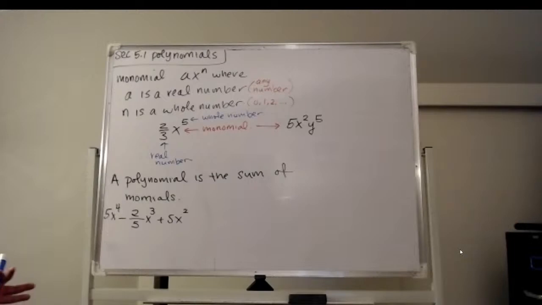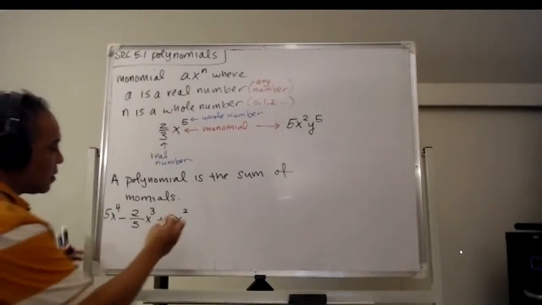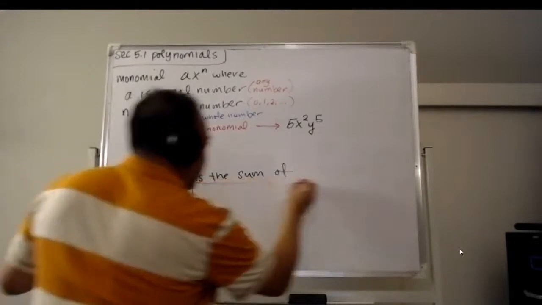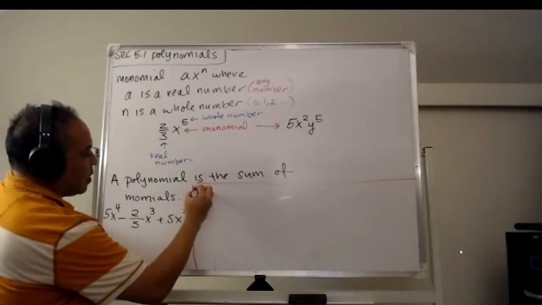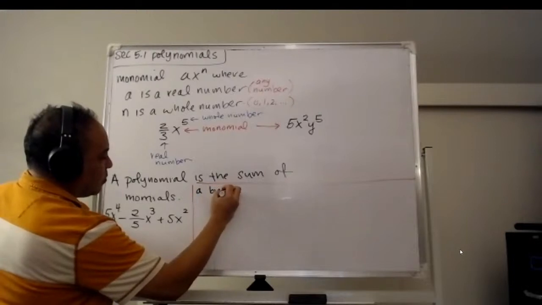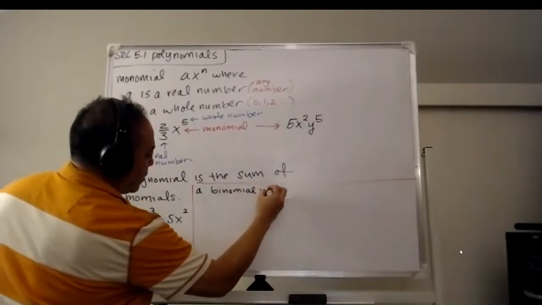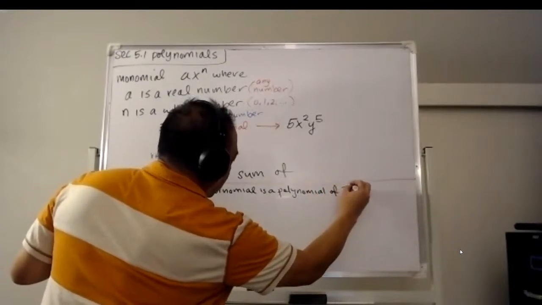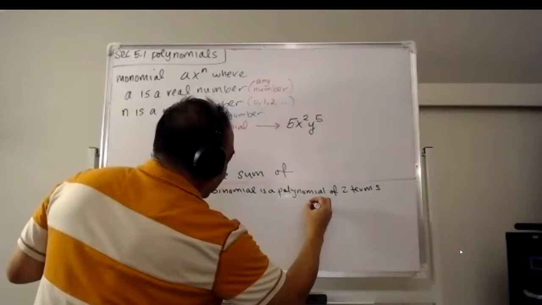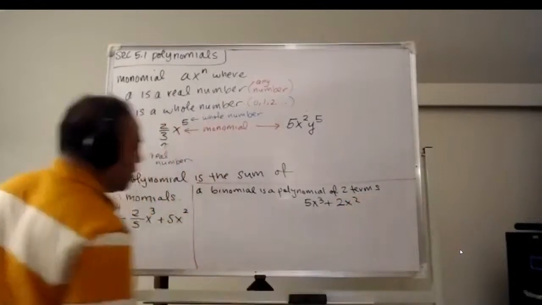Okay. Now, there are special kinds of polynomials. So let me take this corner. A binomial is a polynomial of two terms, meaning that it looks something like 5x cubed plus 2x squared.